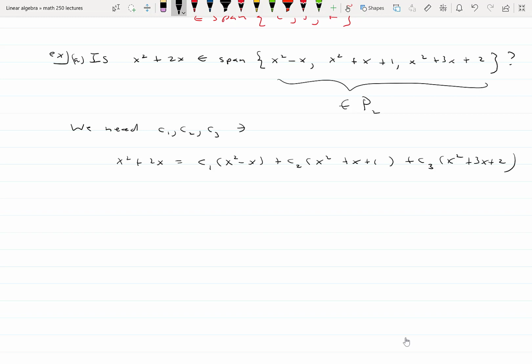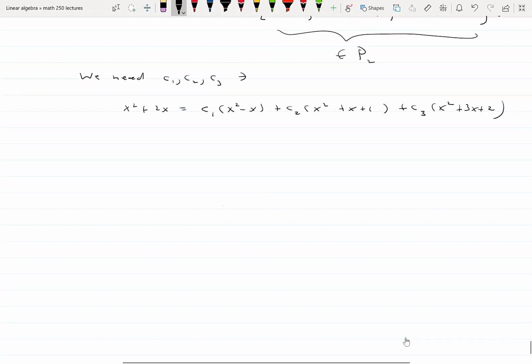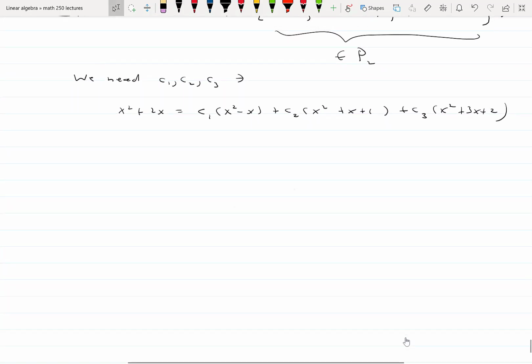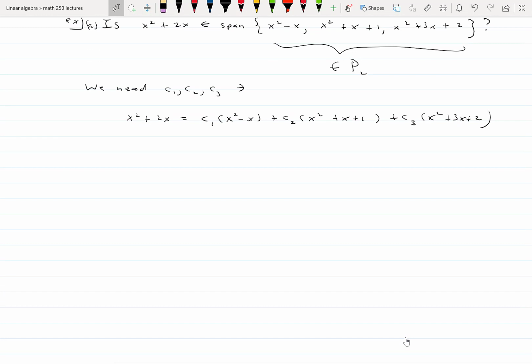And these vectors, polynomials, have nothing to do with systems of equations. Nothing. They're polynomials. But watch what happens when we translate this question into what it really amounts to. Let's simplify on the right a little bit.